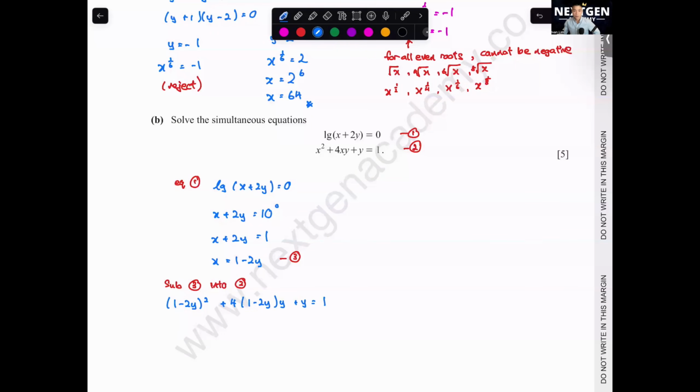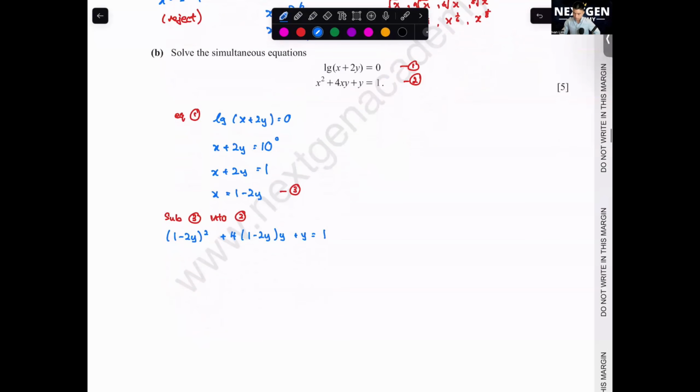Okay, this one, slowly open it up. 1 minus 4y plus 4y squared plus, okay, this one can we straight away open up? 4y minus 8y squared plus y. Okay, the 1 I bring to the left hand side also, minus 1.